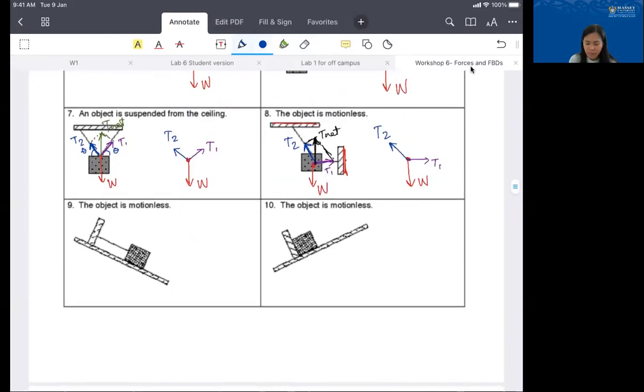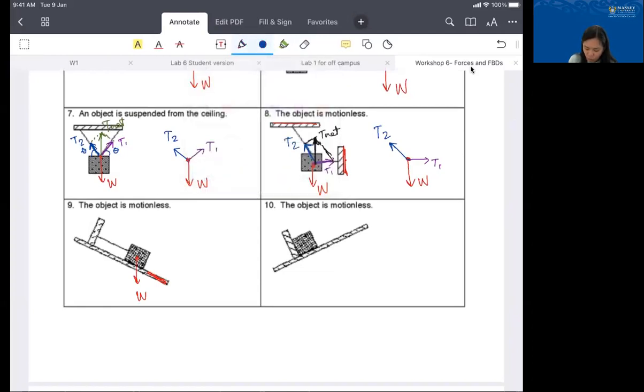Okay, next, the object is motionless again, but there's a string that's connecting it along the slope. So obvious things, weight force, normal force, because the object is supported by this slope, this surface that is at a slope.